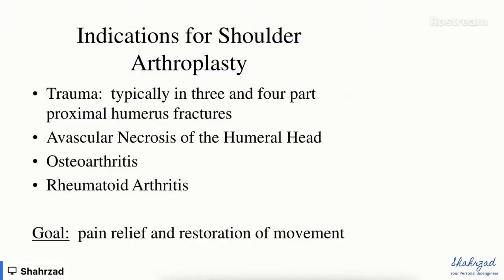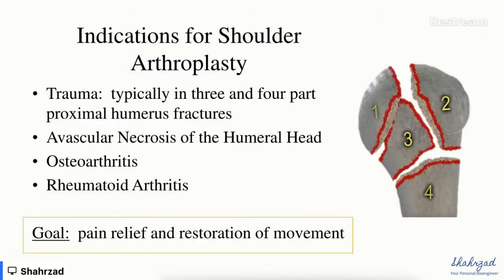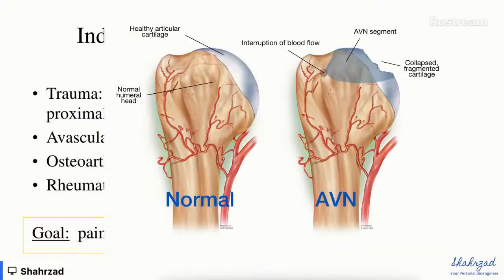Now, about the indications, there is trauma, for example, which is, so right here, you can see typically in 3 or 4 parts, the proximal humerus fractures take place, as you can see in the picture right here. Then we have avascular necrosis of the humeral head, and that would be something like this, where the tissue basically dies because there's no blood supply or there's an interruption of blood flow to that region.